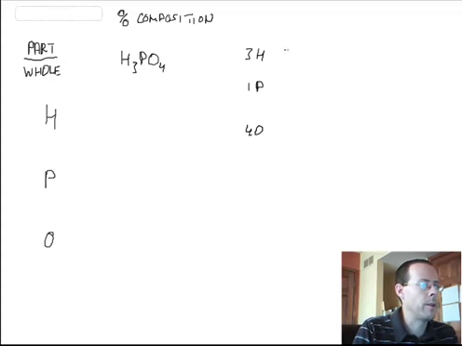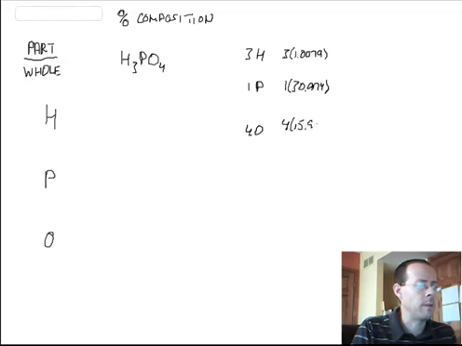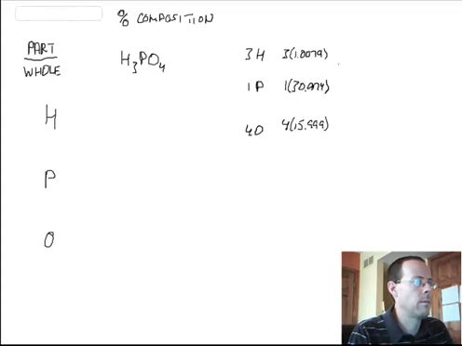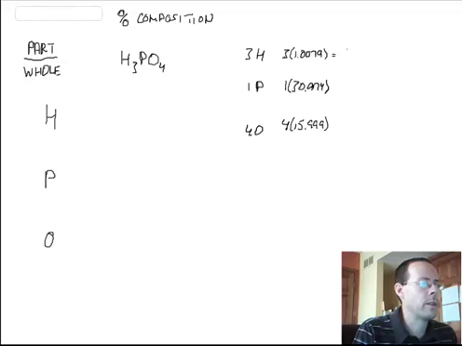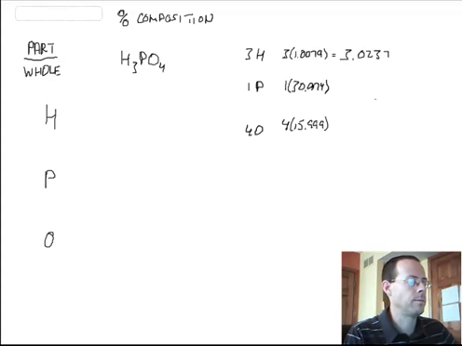So up here we're going to do 3 times 1.0079, and for phosphorus we're going to have 1 times 30.974, and for oxygen we're going to have 4 times 15.999. Alright, so for hydrogen we're going to get 3.0237.